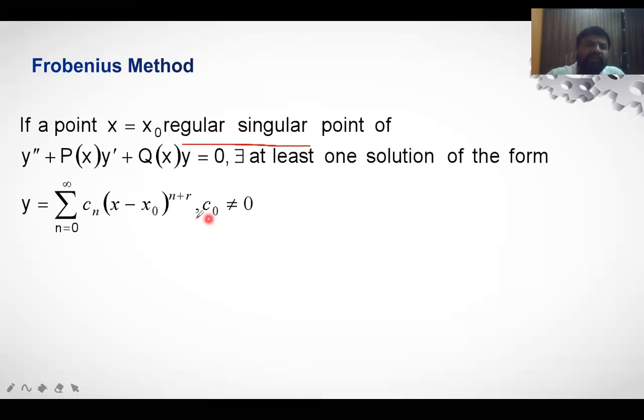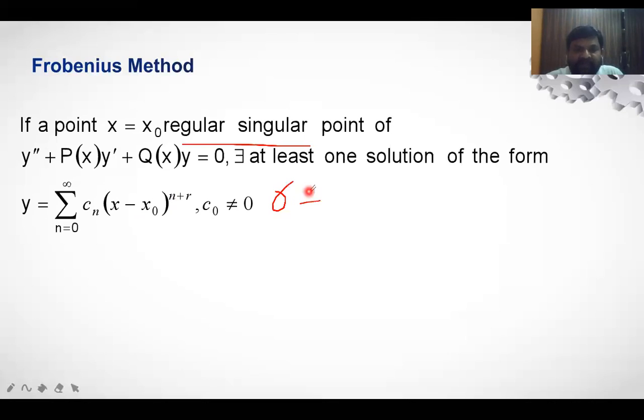In the case of an ordinary point, we assumed y equal to summation Cn x minus x naught raised to n. But for a regular singular point, we assume y equal to summation n equal to 0 to infinity Cn x minus x naught raised to n plus r, where c naught is not equal to 0 and r is the constant we have to determine.